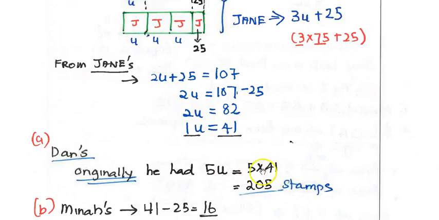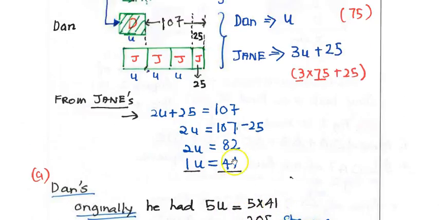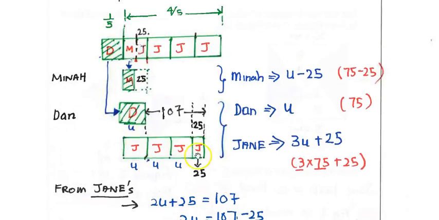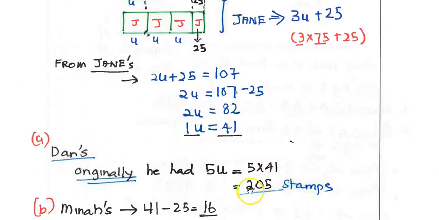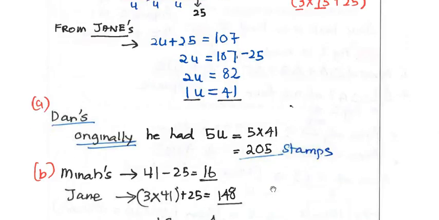We found out that 1 unit is 41. Can you see? 41, 41, 41, 41, 41. 5 times 41, which is 205, he bought.